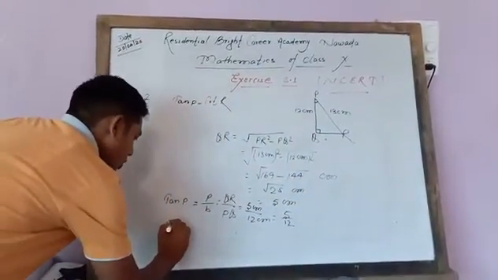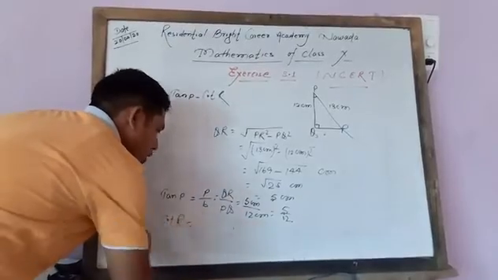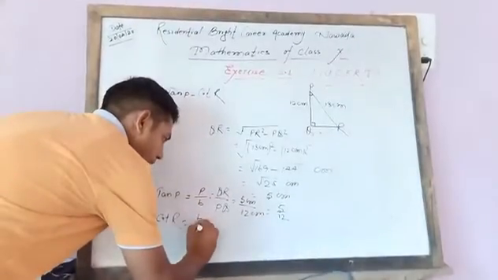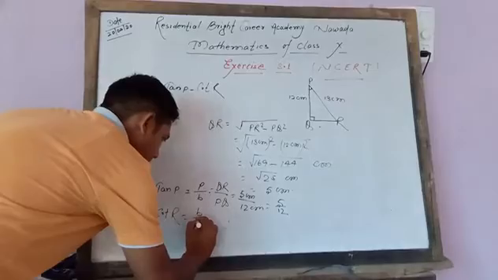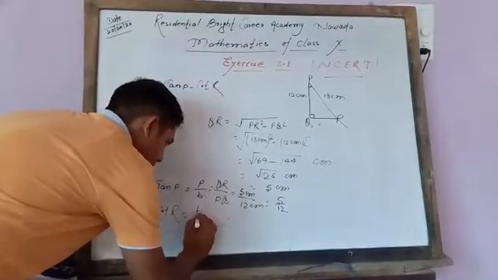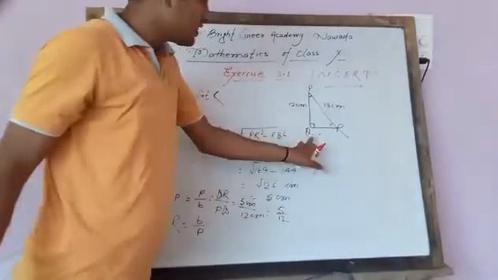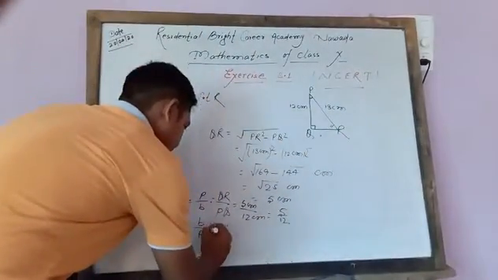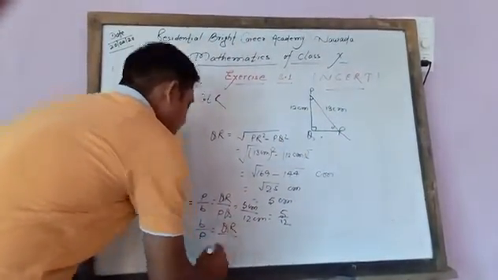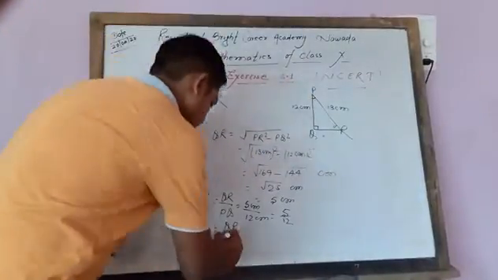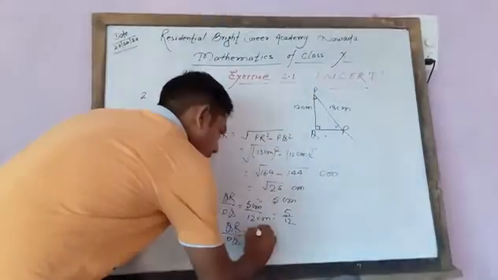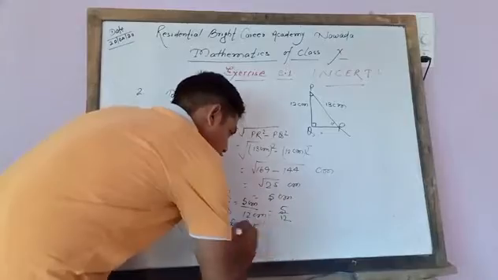And cot theta is equal to B by P. According to R, B is equal to QR and P is equal to PQ. So it will also become 5 by 12.